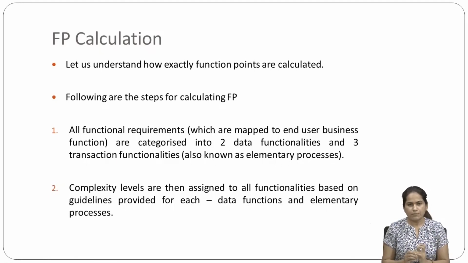In the first step, all functional requirements in our software are categorized into 2 data functionalities and 3 transaction functionalities. So the first step is the categorization of all functional requirements. It will be either data functionalities or transaction functionalities, also known as elementary processes.